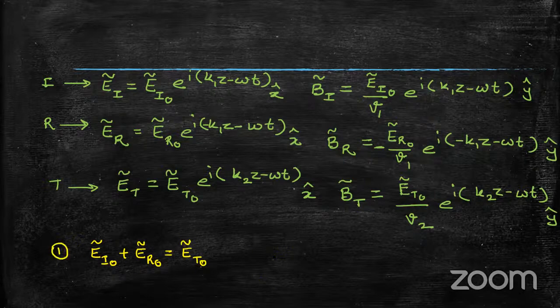What about the second? E_I0 over V1, so you get 1 by mu1, which on the left-hand side will remain the same for incident and reflected.